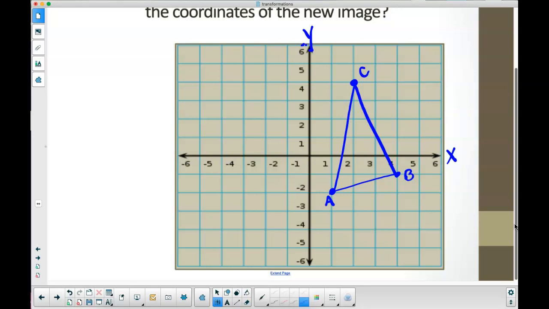You have to imagine if we were to fold this, if I could take this TV and fold it along this line, where would point A end up on the other side? It's got to be the same distance away, right? Right here, it's 1 unit away. So it has to be 1 unit away on the other side. That would be A prime.